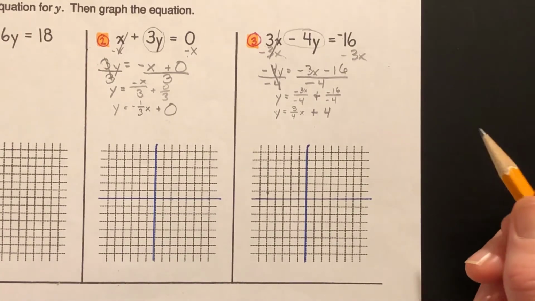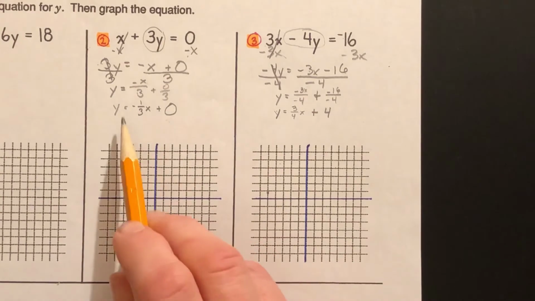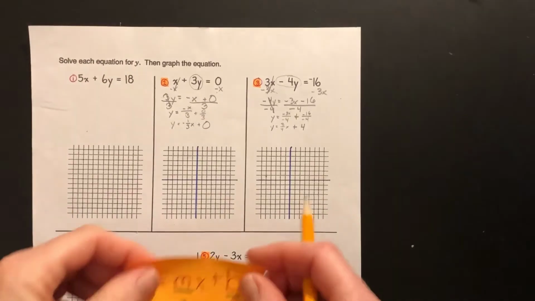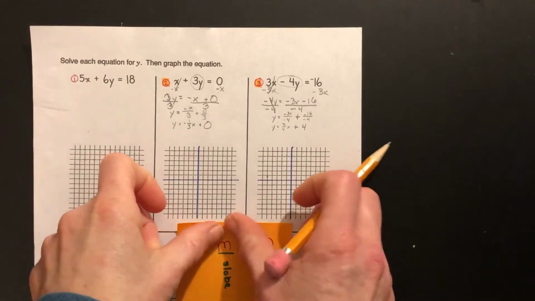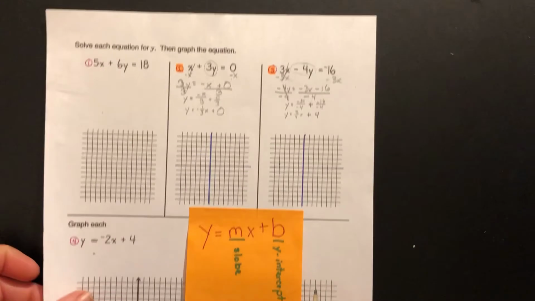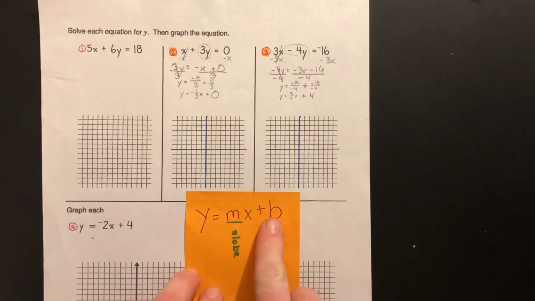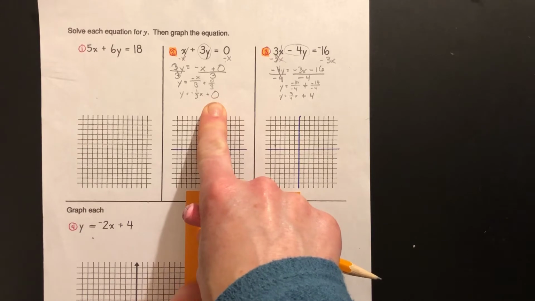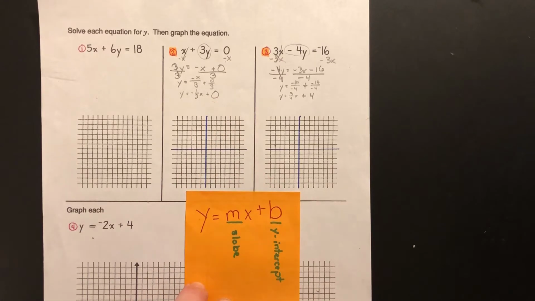All right, so we have slope-intercept form. Remember that in slope-intercept form, the b is the y-intercept. And when we're drawing a line from slope-intercept form, we need to do the y-intercept first because we need a point before we can establish the slope.